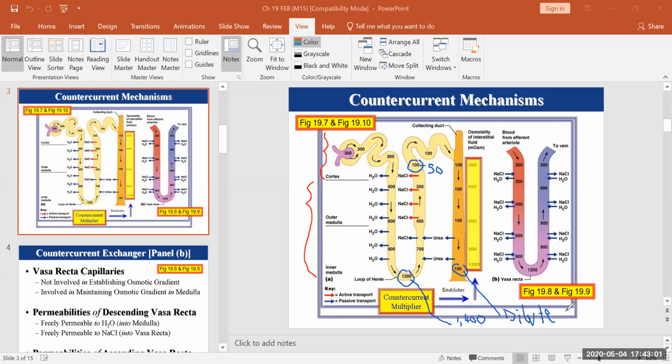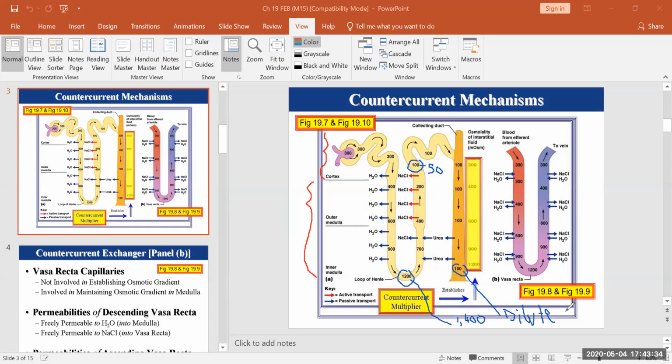So that's the countercurrent mechanism. This is the loop of Henle establishing the osmotic gradient along the renal medulla, right? So the entire thickness, entire region of the medulla, you have a gradient starting from around 300, close to the cortex, and all the way down to the inner medulla at 1200 to 1400 milliosmol.